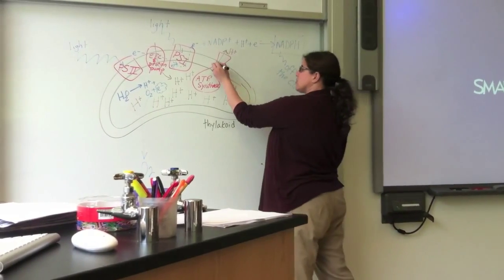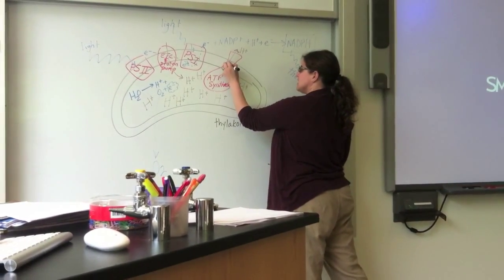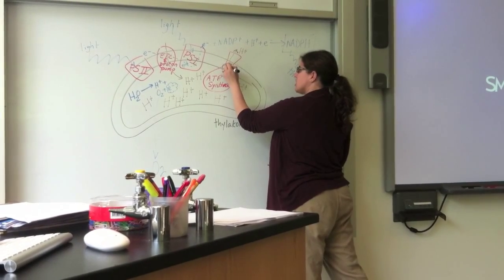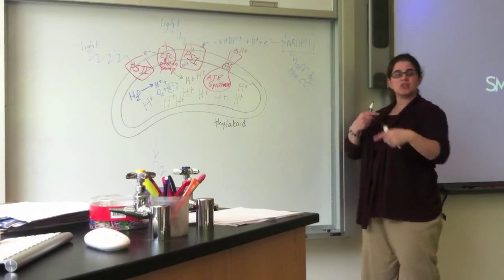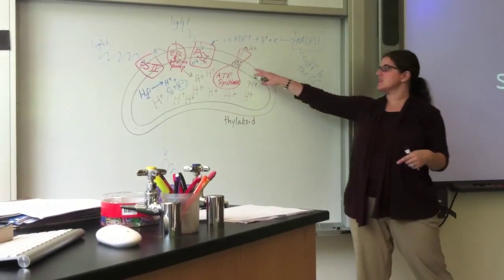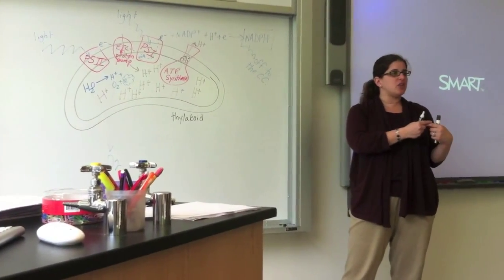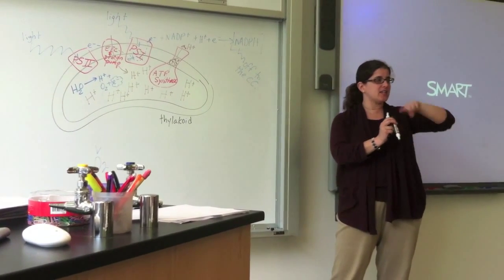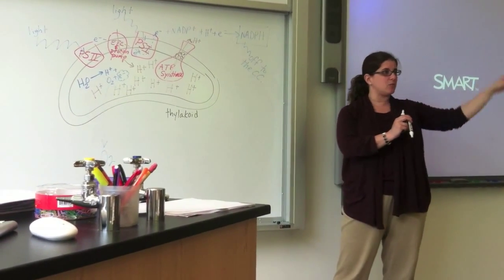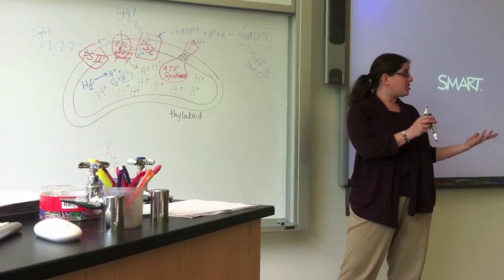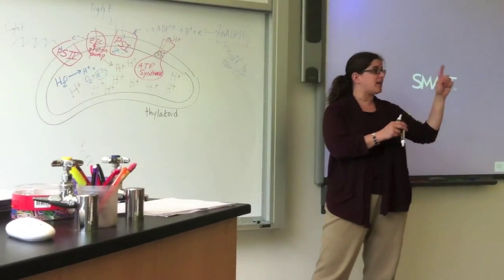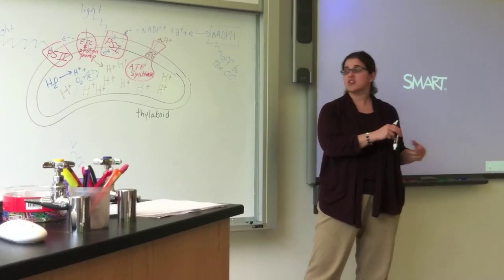And the reason it's going through the protein channel is the energy from these hydrogen ions is also used to do something. And I draw this little picture here. It's supposed to look like a wheel. If you guys ever looked at a water wheel, water cascades over the wheel and it makes the wheel move. And then that can do some work. Like a lot of times we do that in a hydroelectric plant to make electricity.